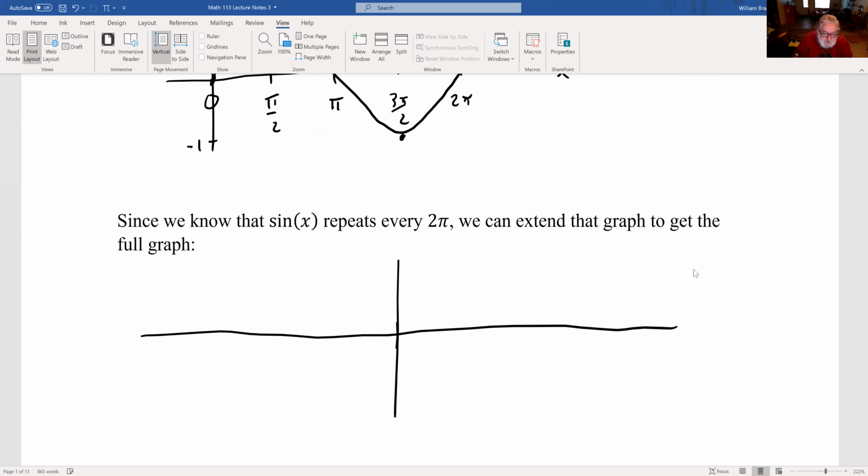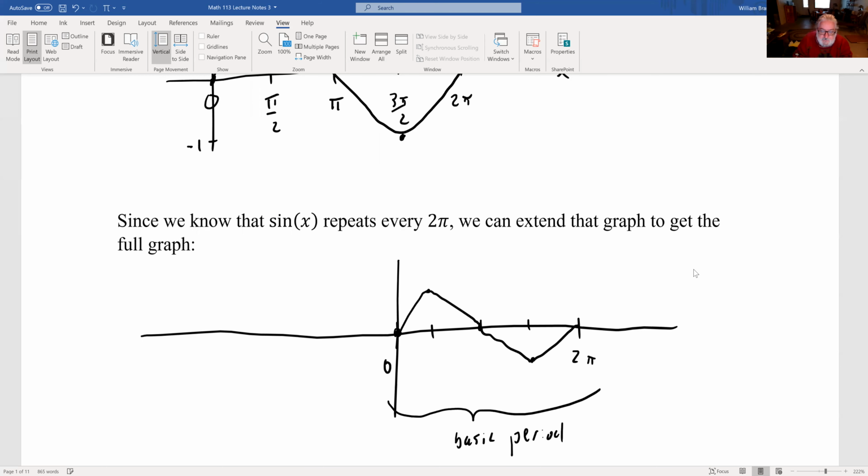So our basic period is 0 to 2 pi, cut it in half, cut it into fourths, and we go 0, positive, 0, negative, 0. Plus 1, minus 1, and that's 0. If we go out to 4 pi, we cut the chunk between 2 pi and 4 pi in half, and in half again. 0, positive, 0, negative, 0.